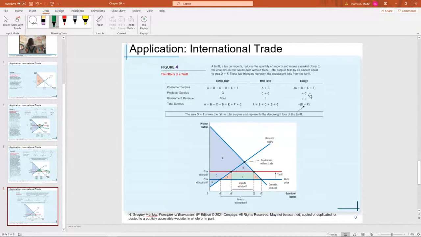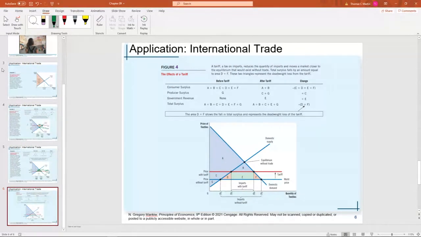Here they do give us another breakdown. You'll see some of these on the test and on the homework where they want you to identify each area. The consumer surplus. We have a world price that is way lower than what we see at equilibrium.